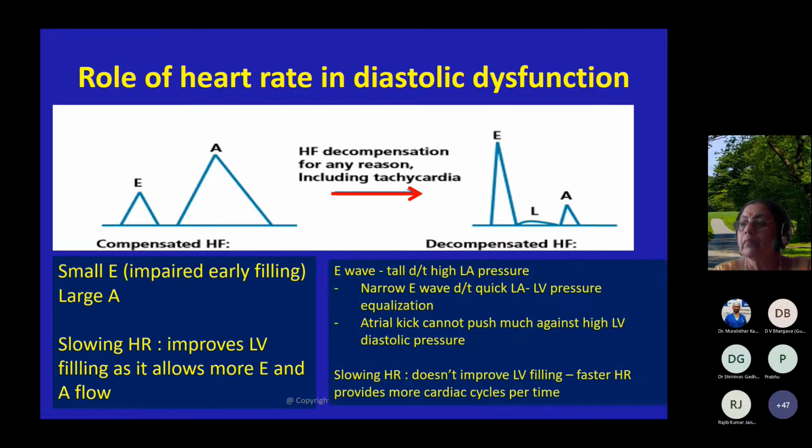As against that, this is decompensated grade 3 with a tall E wave and a raised LAP and all that. This is a narrow E wave due to quick LA LV pressure equalization because both are high. Atrial kick cannot push much against high LV diastolic pressure, and almost all blood is thrown into the ventricle because of raised LAP initially only.